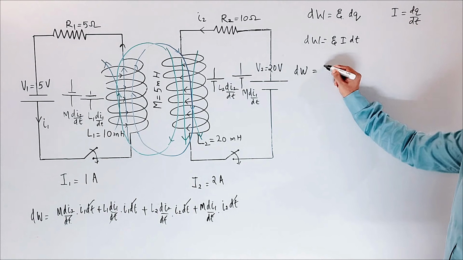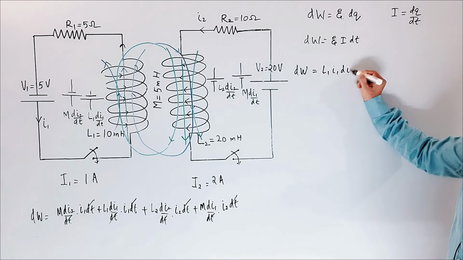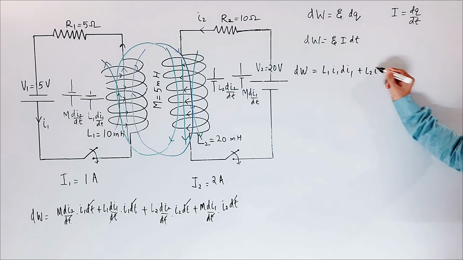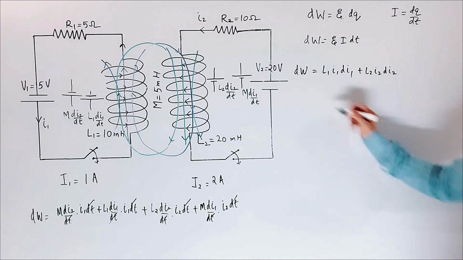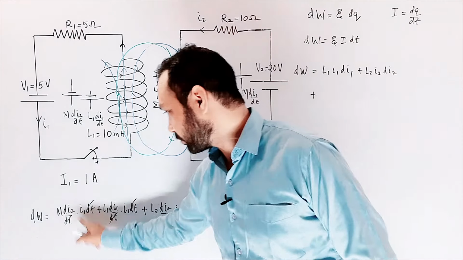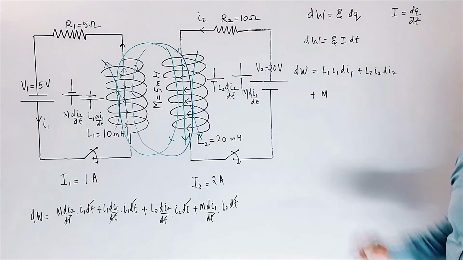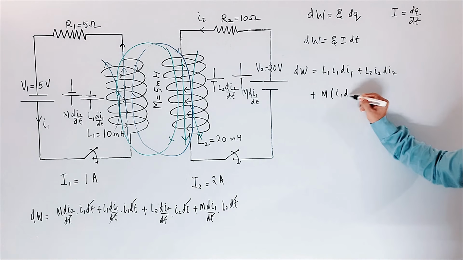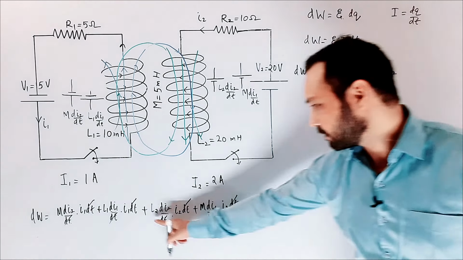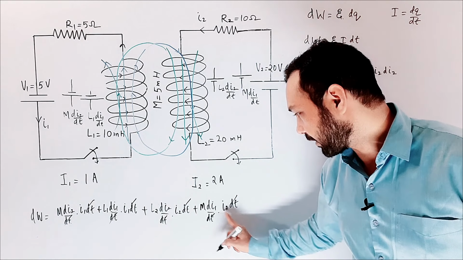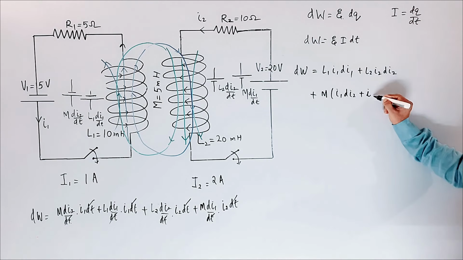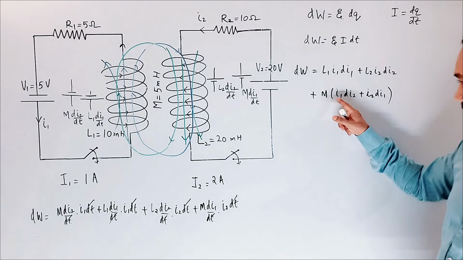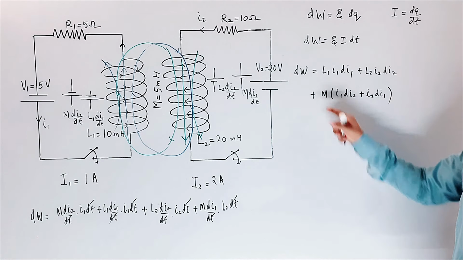So finally, after rearrangement, we will be left with L1 I1 di1, then L2 I2 di2, and combining the remaining two terms together, I can take M common: I1 di2 plus I2 di1, and this whole thing can be written as d of I1 I2.